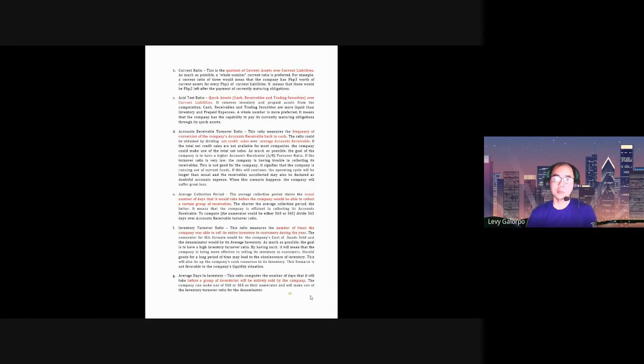Accounts receivable turnover ratio. This ratio measures the frequency of conversion of the company's accounts receivable back to cash. Ibig sabihin, gaano tayo kadalas nakakapaningil ng nagkakautang sa atin, yung collectibles natin.